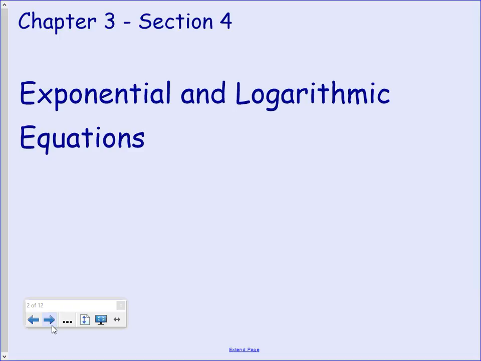Like I said, have your calculator out so that you can evaluate these answers with us, and that way you know if everything's working in your calculator. You can flag me down if you're not getting the correct answer. That might be a calculator issue that we need to address. So we're going to talk about exponential and logarithmic equations in section 4.